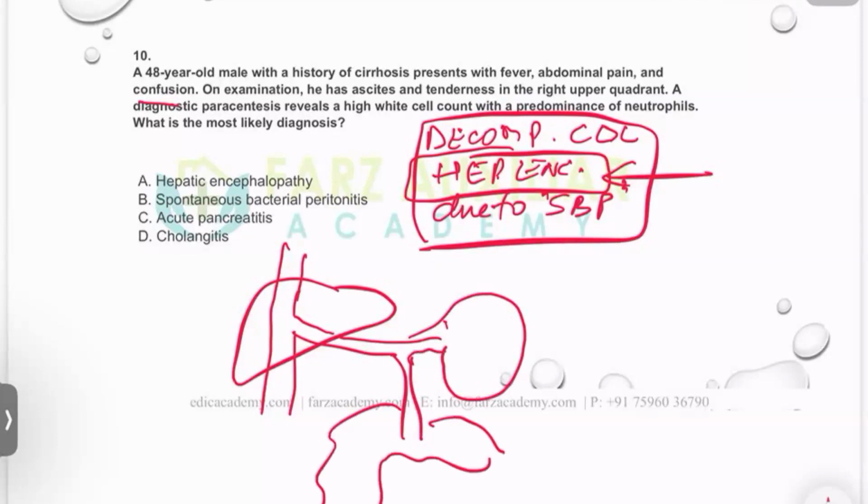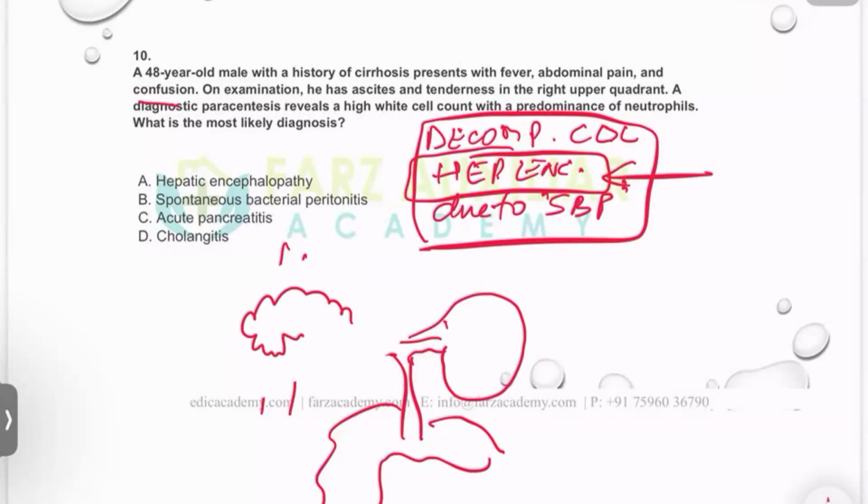Now what happens in cirrhosis is, this liver which is looking so healthy becomes nodular. This is my own way of teaching. This may not be the correct version, but it leads to understanding in a very nice manner. So can you see what has happened here?